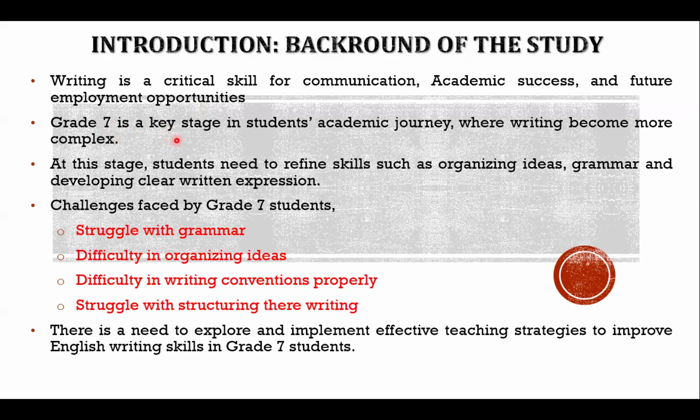Grade 7 is a key stage in students' academic journey where writing becomes more complex. That means grade 7 is an important stage, because this is when writing starts to become more difficult for students. At this stage, students need to refine skills such as organizing ideas, grammar, and developing clear written expression. These skills help them express their thoughts better in writing.